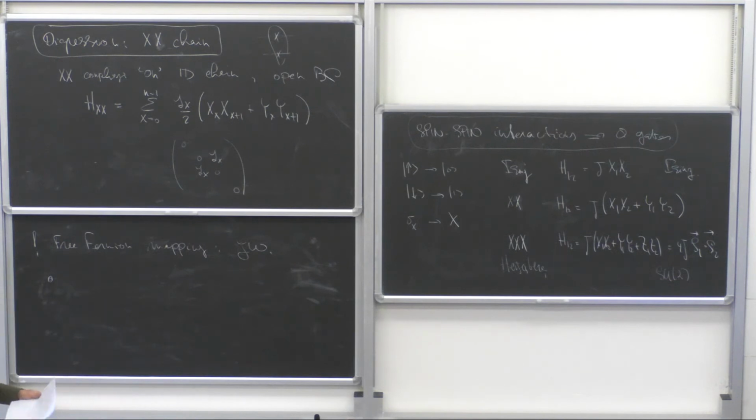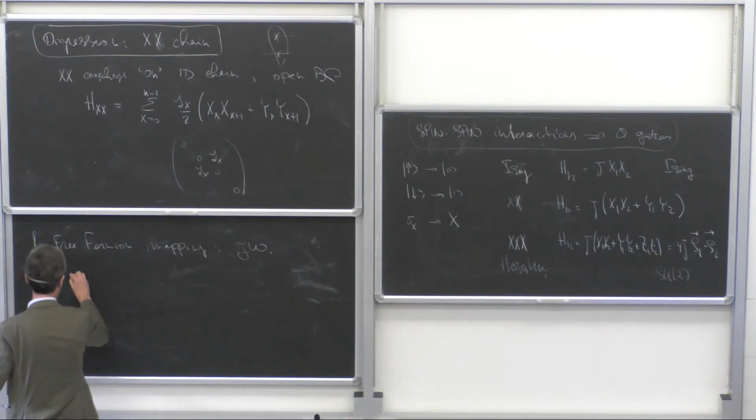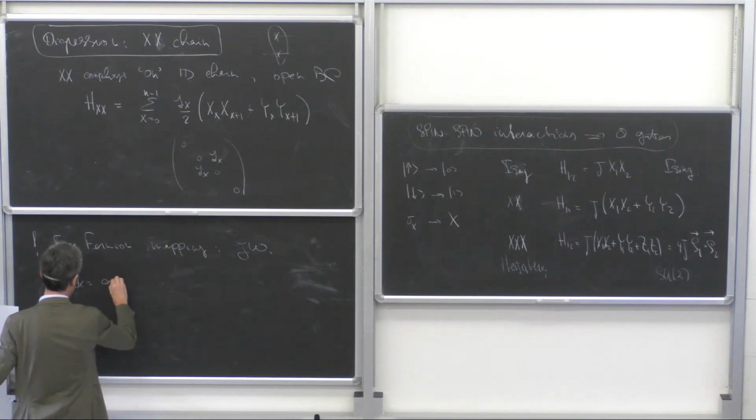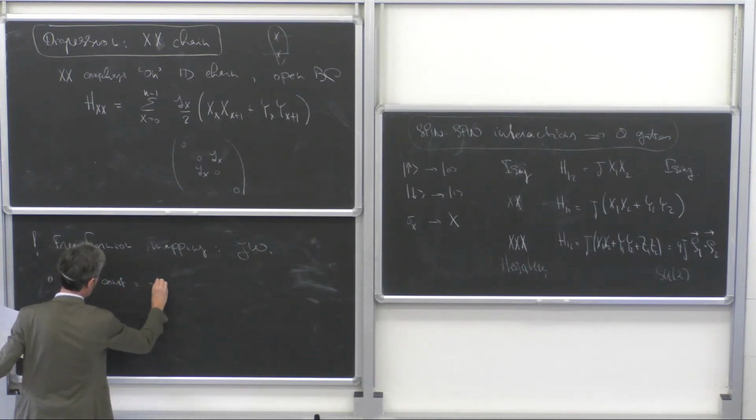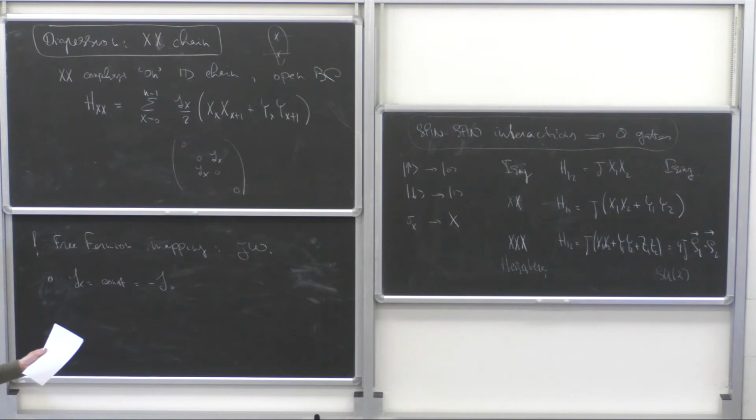Okay, thank you. So talking about this thing here. An obvious choice for this J_x, but not the only one for today, is to take them constant. If I take J_x equal to a constant, and let me call it minus J_0, with J_0 a positive number, then this is a solvable thing.